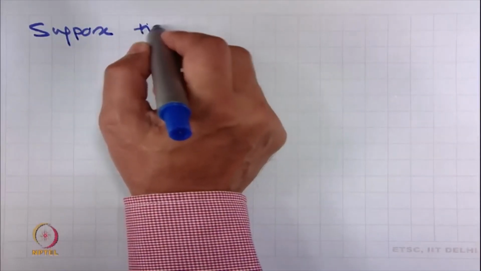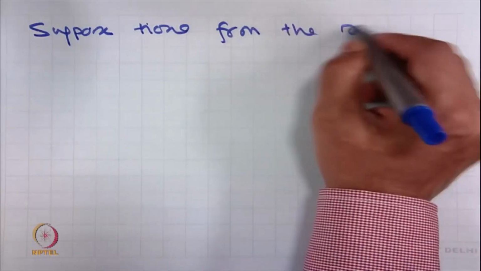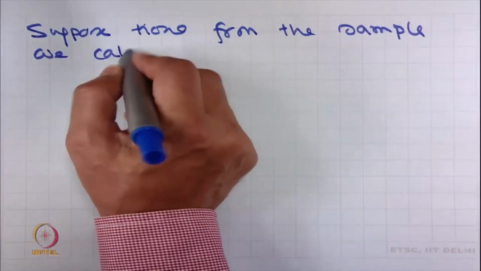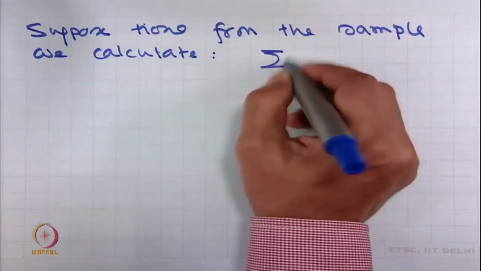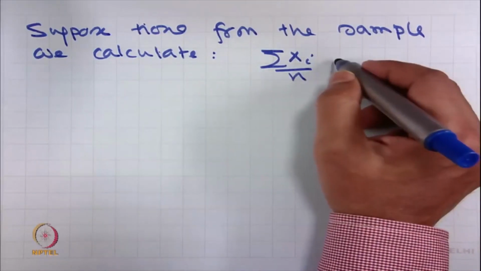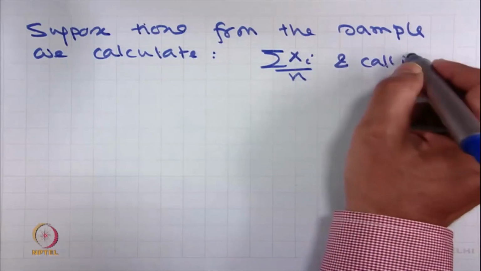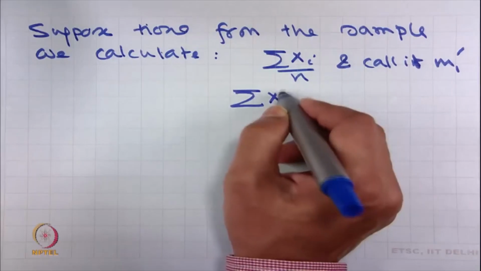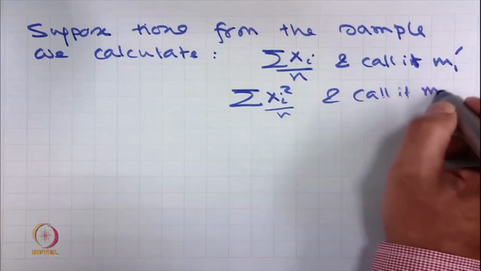Suppose now from the sample we calculate sigma xi by n, where n is the sample size, and call it m 1 prime, and sigma xi square by n and call it m 2 prime.